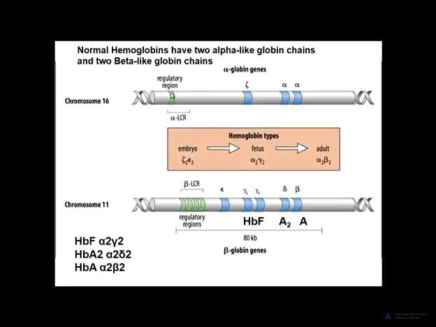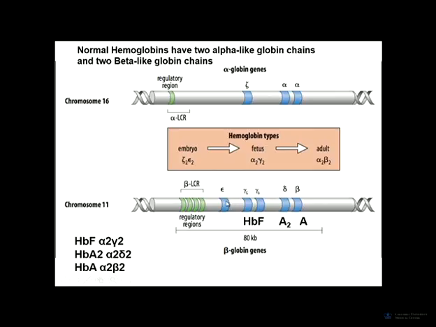So the embryonic type genes are upstream here, so the embryonic alpha-like gene is the zeta gene that's up here, and then you have these two alpha genes down here lower on chromosome 16. For the beta globin, there's only one gene here, but again, the genes are lined up on chromosome 11 in the same order that they're expressed in utero.